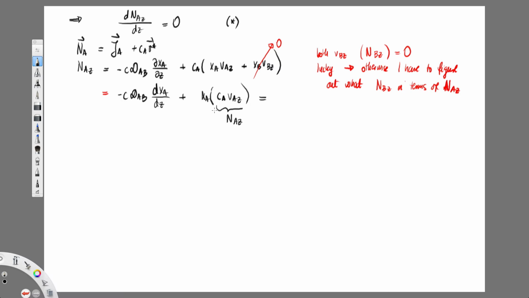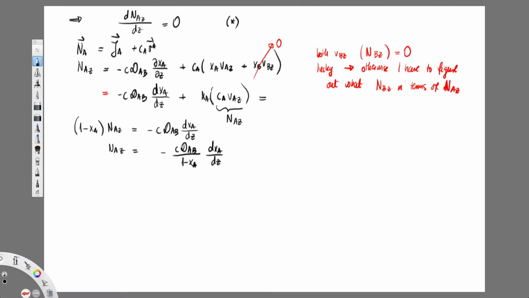So essentially I have 1 minus XA times NAZ is equal to minus C DAB dXA dZ. In other words, I'm finally expressing NAZ in terms of XA, and that is minus C DAB over 1 minus XA dXA dZ.